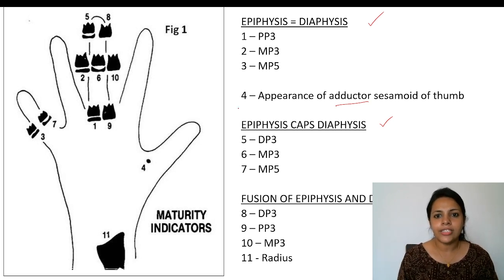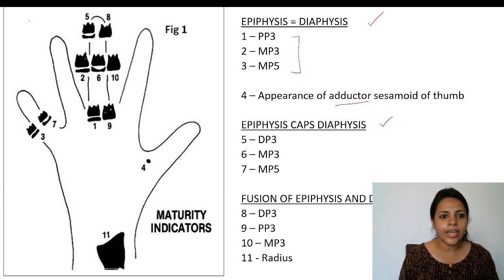The first 3 stages are where the epiphysis will be equal to diaphysis. So let us quickly look at the first 3 stages. You can see the image over here, 1, 2 and 3. So what exactly is 1?